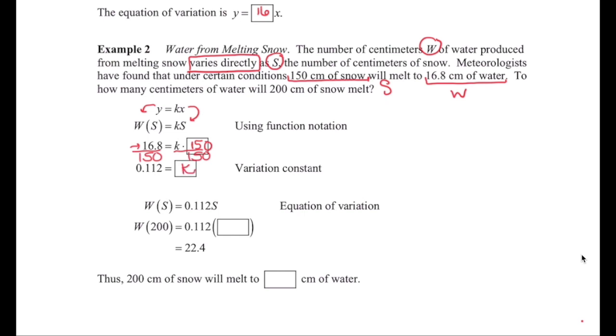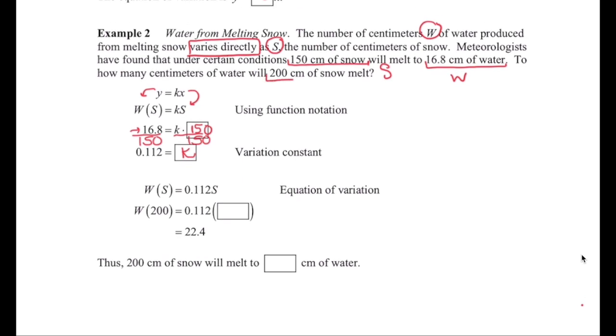Then we can write our equation of variation: W of S is equal to 0.112S. Now we can answer the last question. How many centimeters of water will 200 centimeters of snow melt? This is a two-step problem. We first found our constant, then we found our equation, and now we can do something with it.